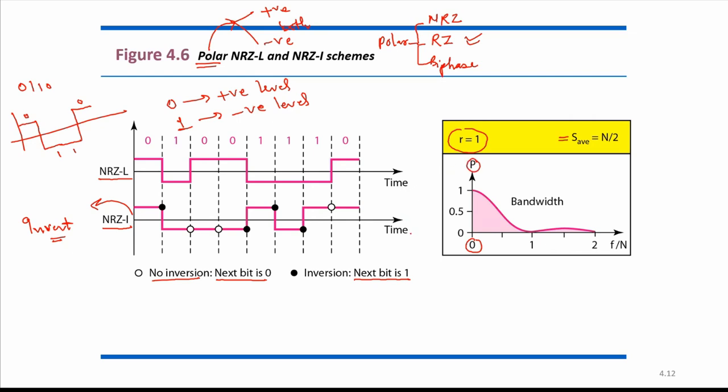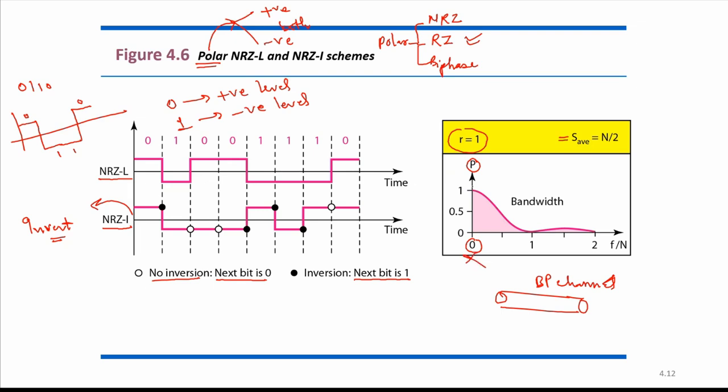If the DC problem is there, that means at 0 frequency there will be high power, or most of the signal power will be concentrated at the 0 frequency only. Sometimes if a channel is providing most of the power at the 0 frequency and the channel is a band pass channel, then it will not allow this 0 frequency.